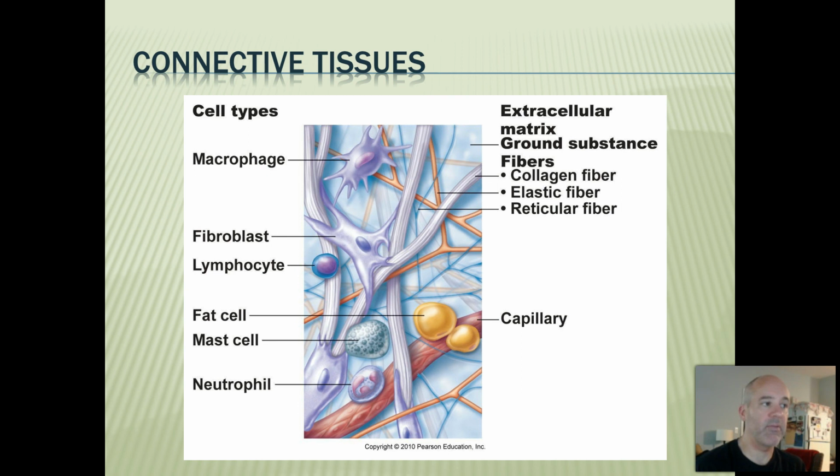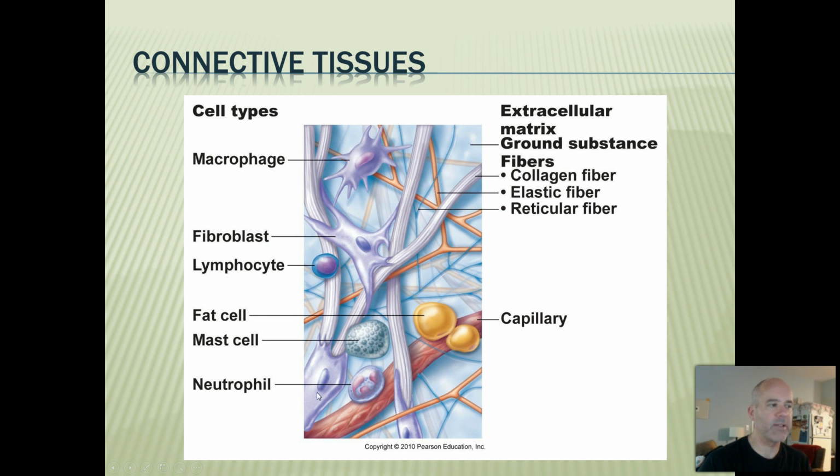So remember, in connective tissues, the cells are more scattered around. In an epithelial tissue, they're jam-packed together, but in the connective tissue, the cells are scattered. And in most connective tissues, not all, but in most, the main cell type is called a fibroblast, the little purple thing that you see there, and there's another one over here.